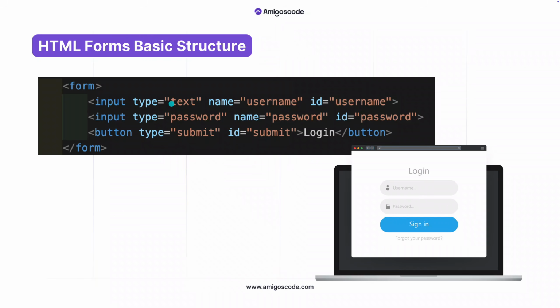Here is a text input, the username, and then we specify the ID, username, and then this is the password. So you can see that there's different types. And then we name this as password as well as the ID password. And then we have a button in here. So type submit, and you've learned about buttons. And this basically says that whenever you click on this button, take the information that you have here and then send it somewhere. So I'll show you this in a second as well.